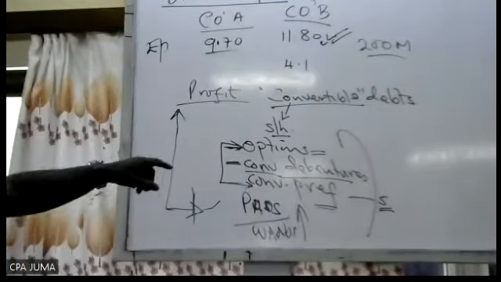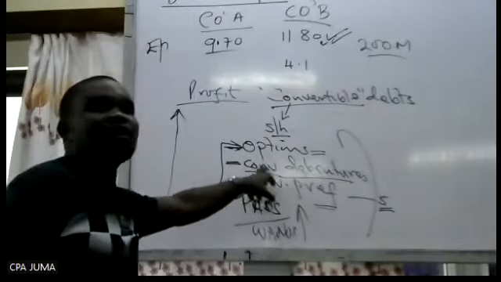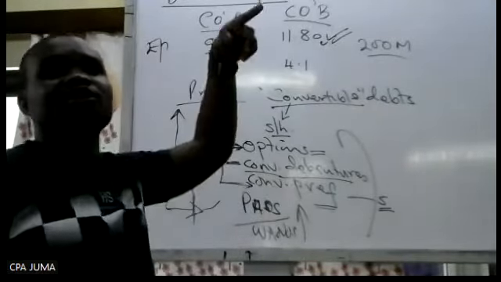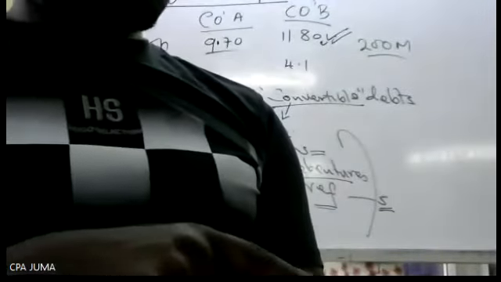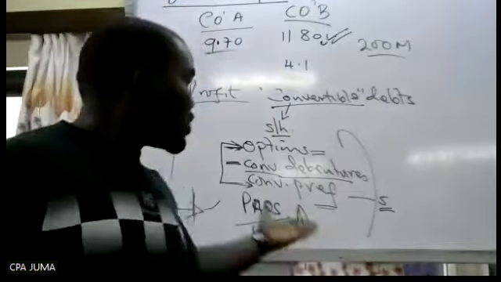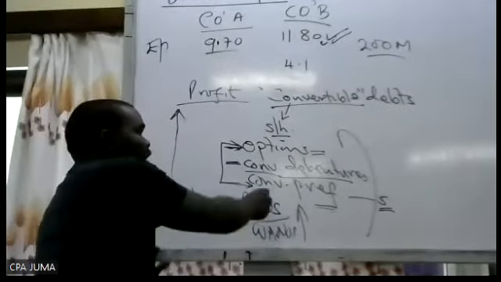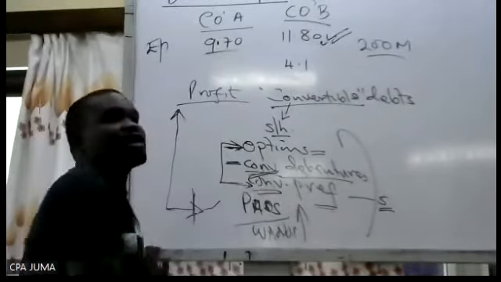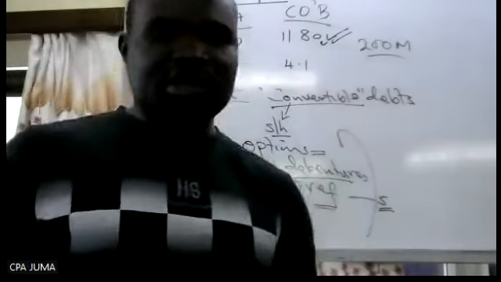We call them potential because they have the potentiality of being converted into shares. So when we say convertible ordinary shares, any security with a convertible clause, those are what we call potential.